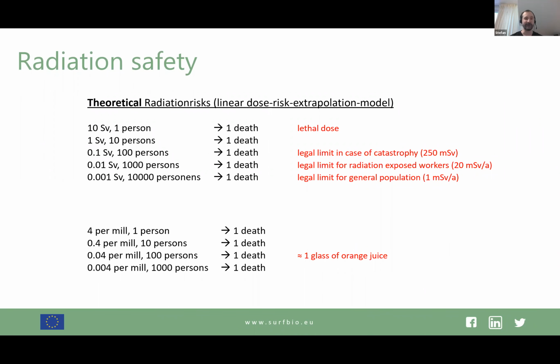So 0.4 per mil, 10 persons, again, 1 death. And then we are at the case of catastrophe. In case of radiation, the 0.04 per mil at 100 persons, 1 death. That's about 1 glass of orange juice. So this is just to show you that we can safely handle radio tracers.